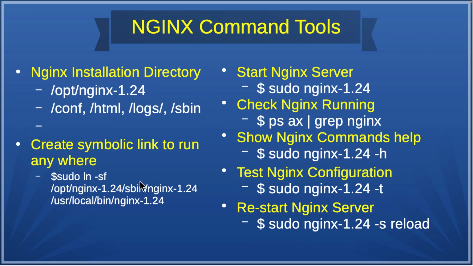Once you compile and install the NGINX server with the RTMP module, the installation folder here, /opt/nginx-1.24, in Ubuntu Linux, has the conf folder, html folder, logs folder, and sbin folder. Create a symbolic link to run anywhere: sudo ln -sf, symbolic link and force in case of any same one.